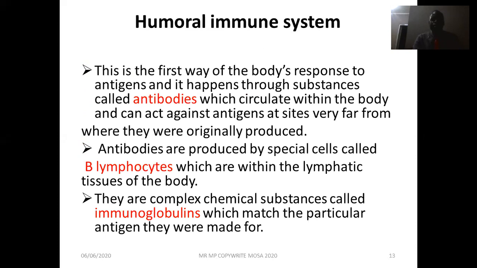These antibodies circulate in our body. Their main function is to identify microorganisms which are strange, which do not belong to the body. They look for cells which are not part of the body's cells, so that they can be detected and destroyed before they can cause any infection.